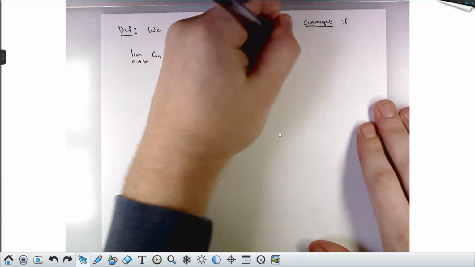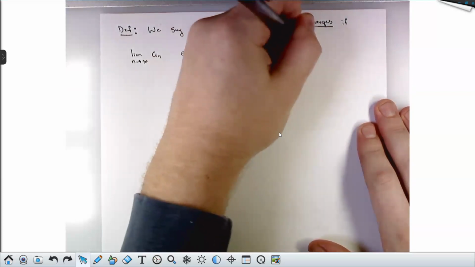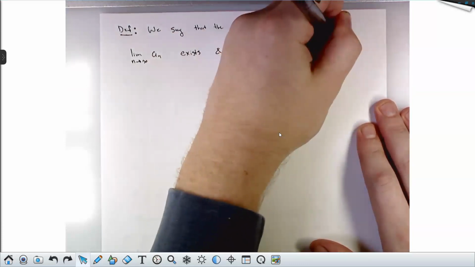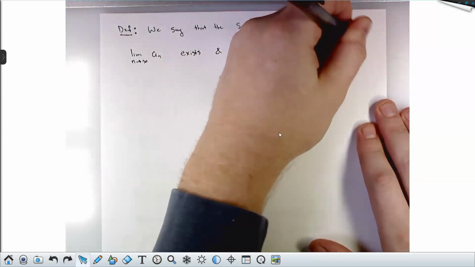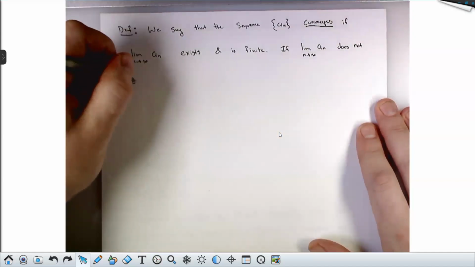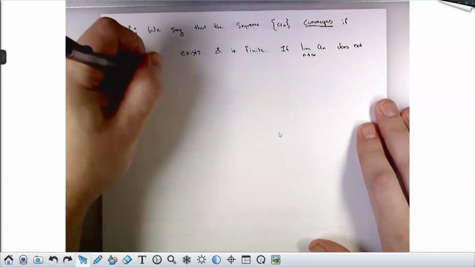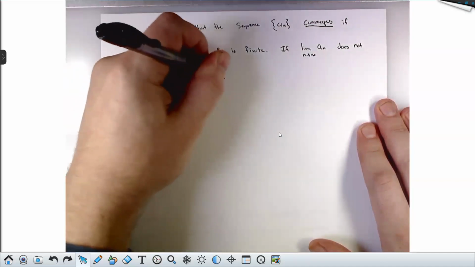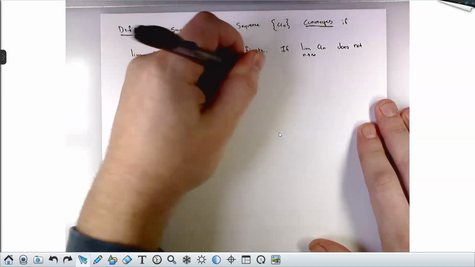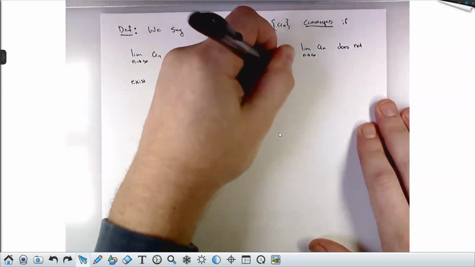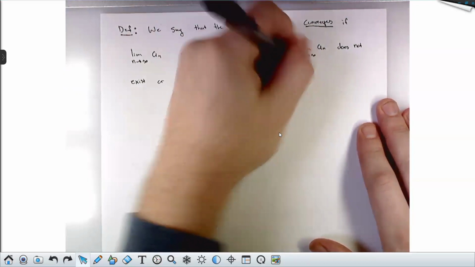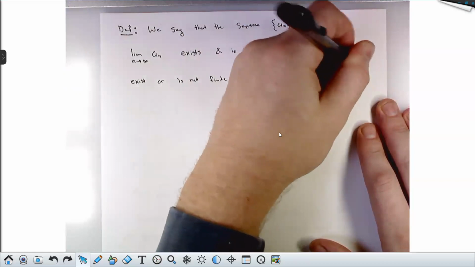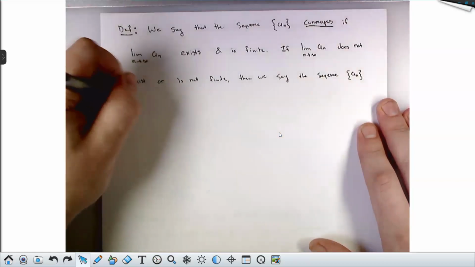And if that limit as n goes to infinity of an does not exist, or is not finite, then we say the sequence an diverges.